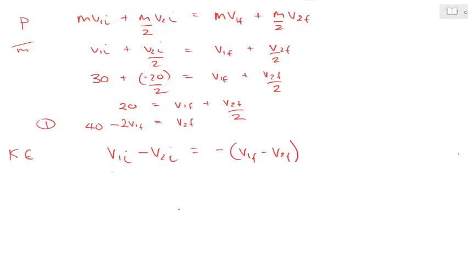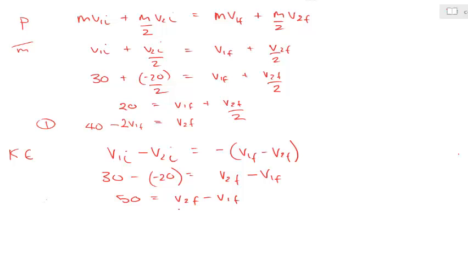And we have numbers again for this, so 30 minus 20 is equal to, we arrange this so it's a little nicer, v2f minus v1f. This means that we have 50 is equal to v2f minus v1f.